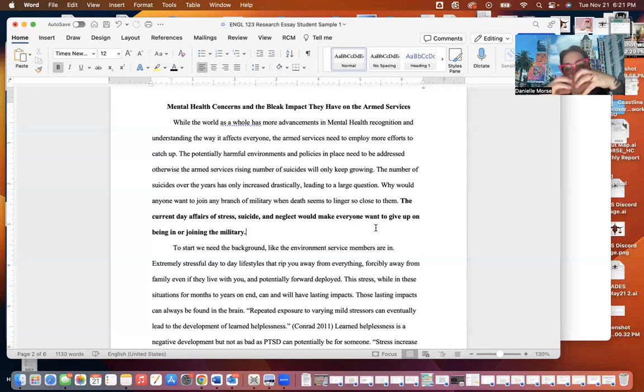Again, you still have to question that data, where it's coming from, who's giving it, how it was collected, that type of thing. But because apparently, presumably, suicides are increasing in the military, nobody's going to want to join.